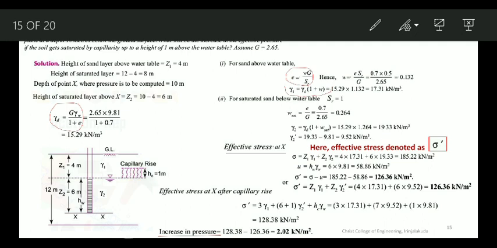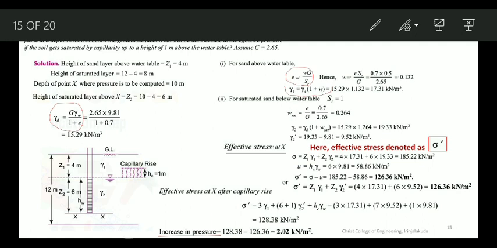Now please do it along with me. The second case you can note down. We'll first find the total stress value, sigma. What is the height for which gamma 1 is there? It is 3 meters. So sigma is equal to 3 into gamma 1 plus, now gamma saturated will be for a height of 6 plus 1 meter, isn't it?